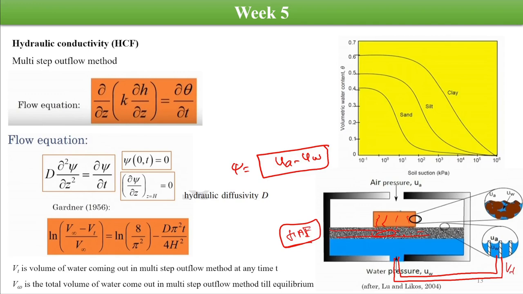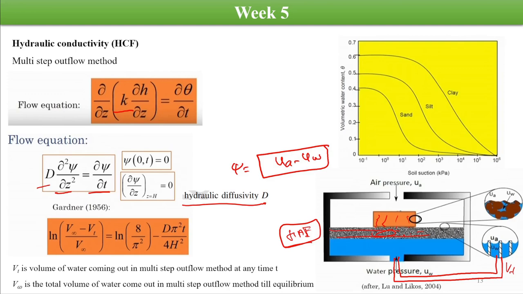Okay, so this equation, if we further simplify, will result in del squared phi by del z squared and del phi by del t. The D term which is there is called hydraulic diffusivity. Okay, and we have seen in theoretical classes that this hydraulic diffusivity is calculated in the multi-step outflow method to determine the hydraulic conductivity, that is K. Okay, these two are related.